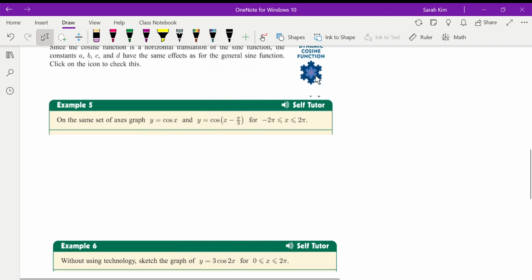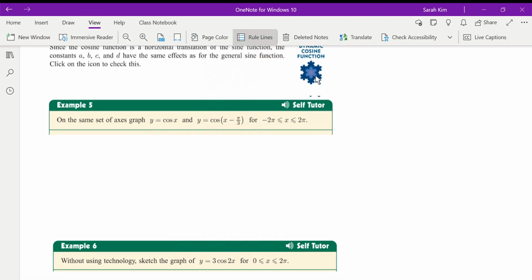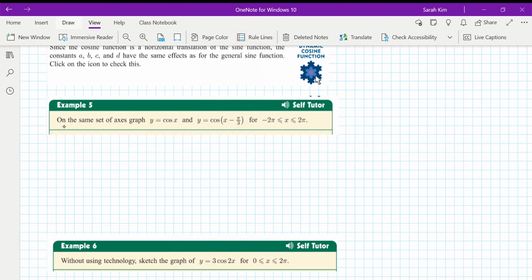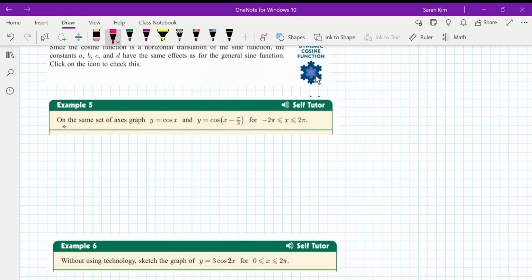Looking at this on the same set of axes, we're going to try to graph these. I'm going to draw our standard cos graph so we can keep that as a reference point. We have pi over 2, pi, 3 pi over 2, and then 2 pi. Our maximum and minimum is 1.